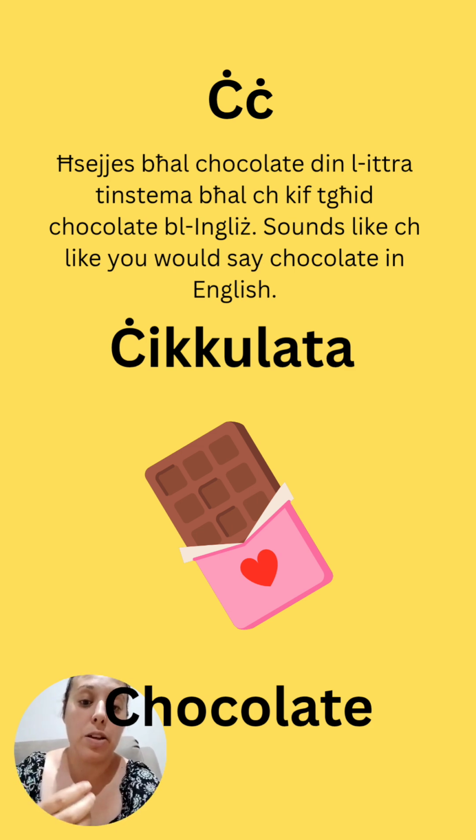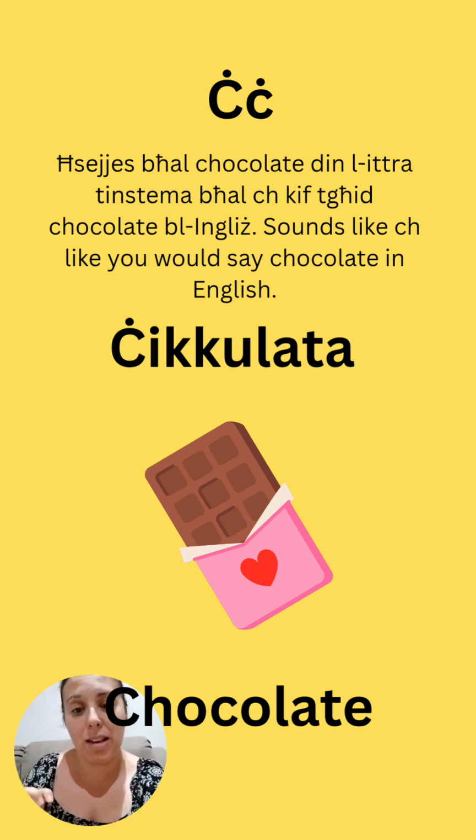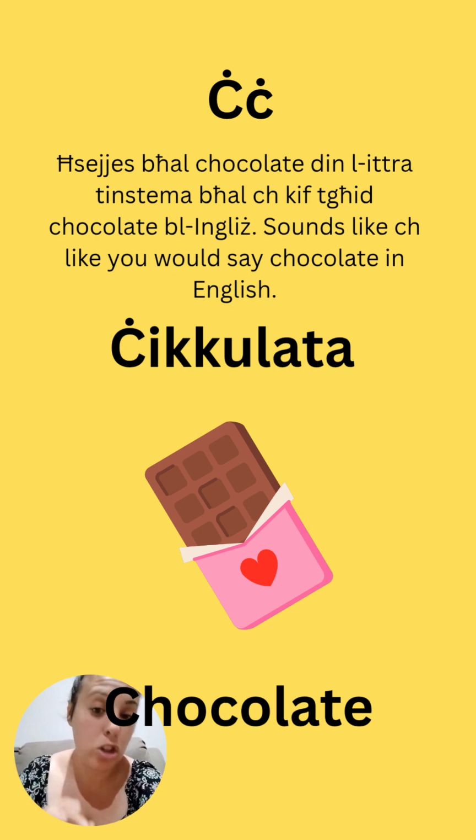So it has the soft sound or the k sound, like cat, yeah? Maltese, no. The C just makes a ch sound. It is their digraph letter. So two letters, one sound. Okay? Ch. For example, cioccolata, chocolate.